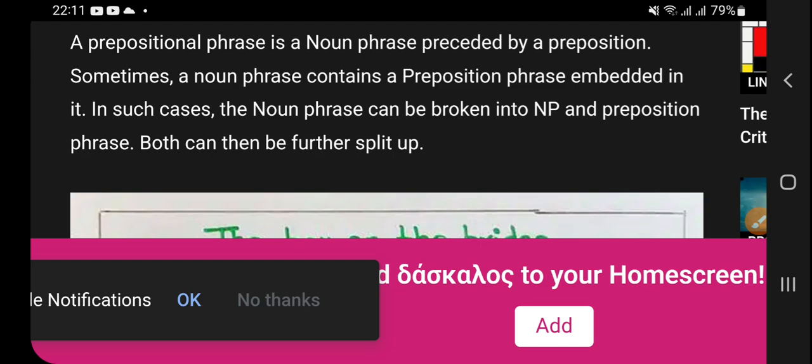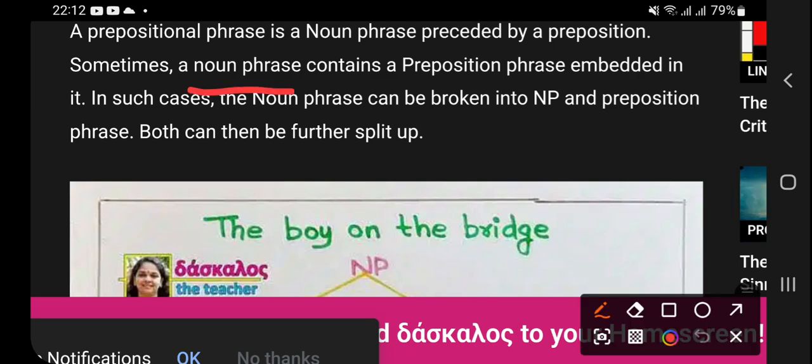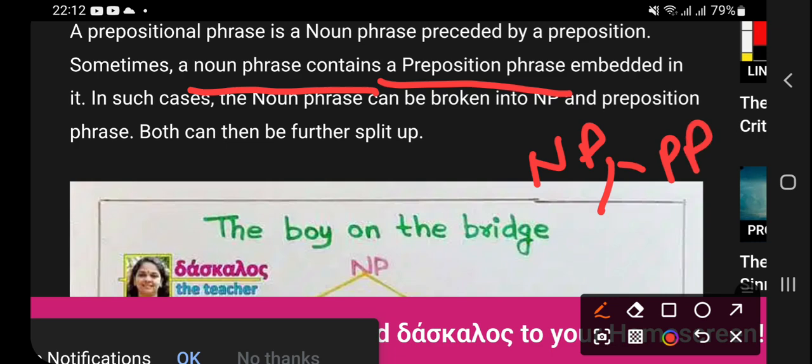Sometimes, and this is very important, please note, a noun phrase contains a prepositional phrase. That means that within the noun phrase, a prepositional phrase may be embedded, which means attached to it.